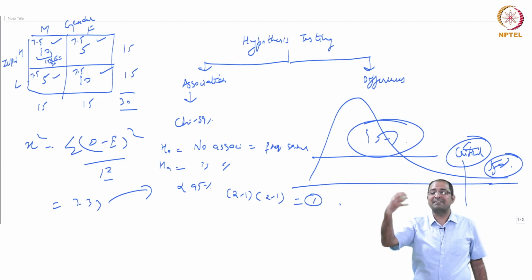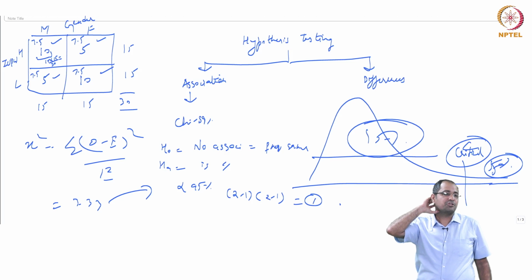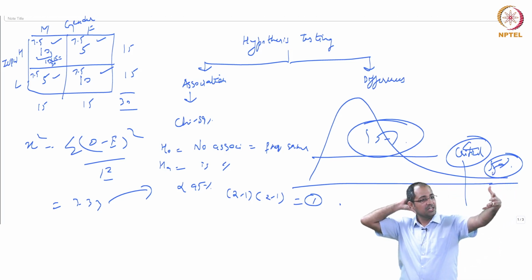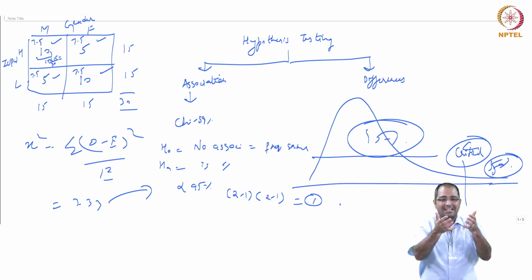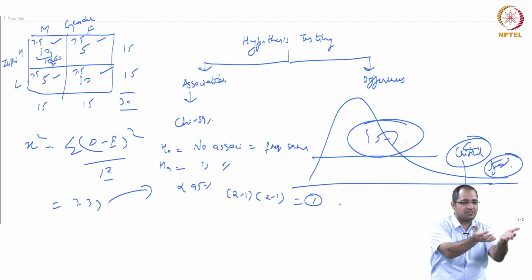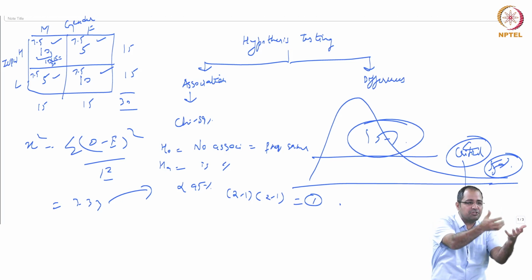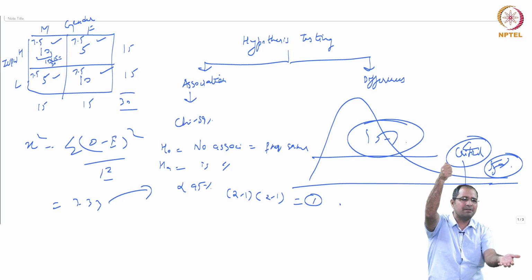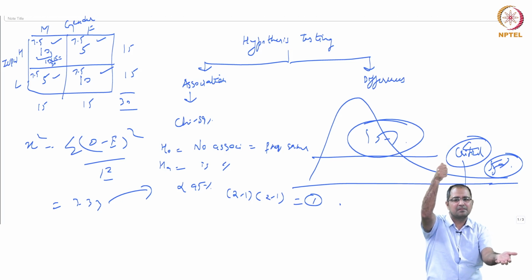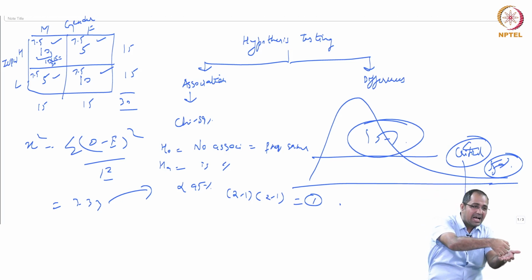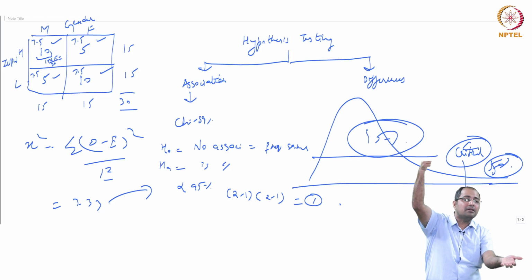If you pick up such a sample, it means your initial assumption itself is in question. You are assuming that in the population there is no association, so you are expected to also draw a sample in which there is no association. But you drew a sample in which there was a huge difference.